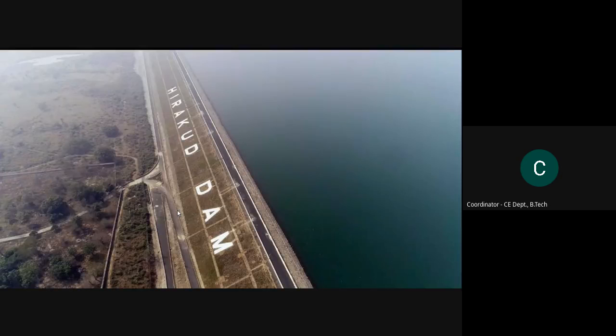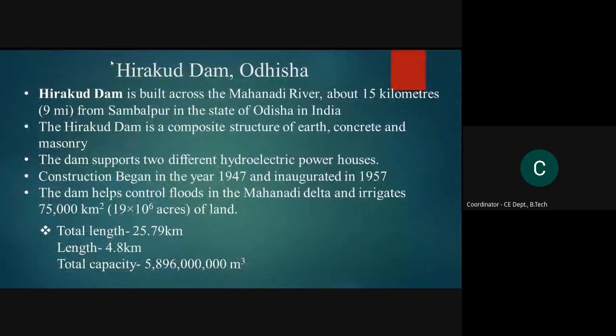Okay, so the next dam is Hirakud Dam. As you can see, it's an enormous amount of water this dam is storing. This picture is just depicting that. The Hirakud Dam is built across the Mahanadi River, about 15 kilometers, 9 miles from Sambalpur in the state of Odisha in India. The Hirakud Dam is a composite structure of earth, concrete and masonry.